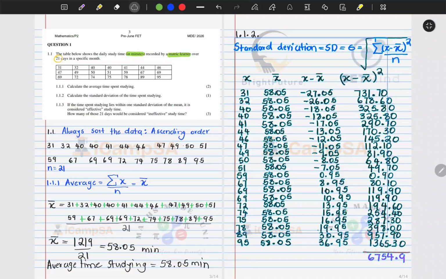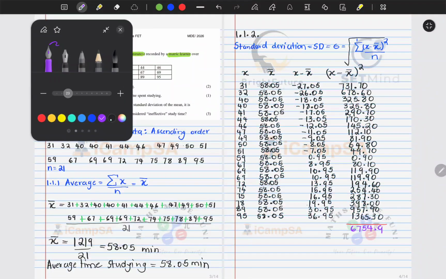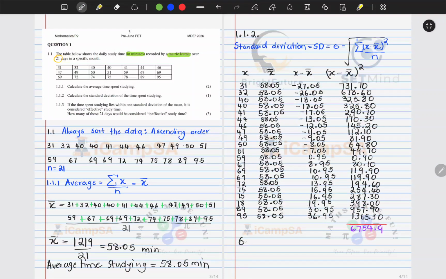So our standard deviation is therefore the square root of 6754.9, and all of this is divided by 21. So let's quickly deal with that.